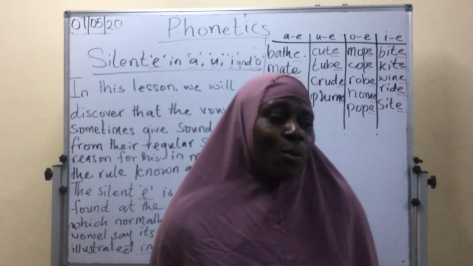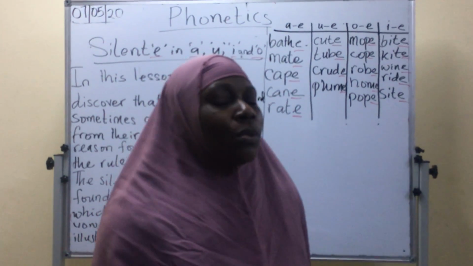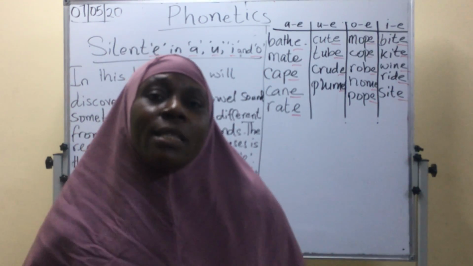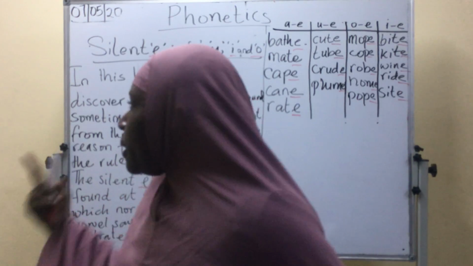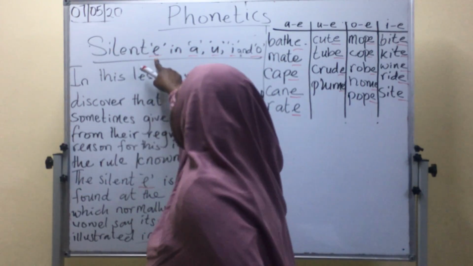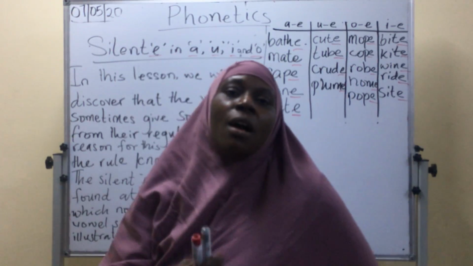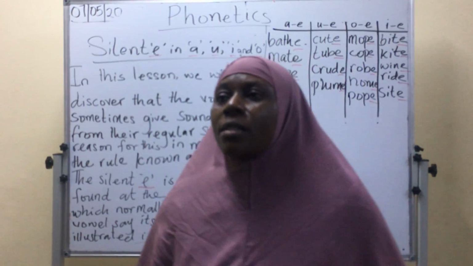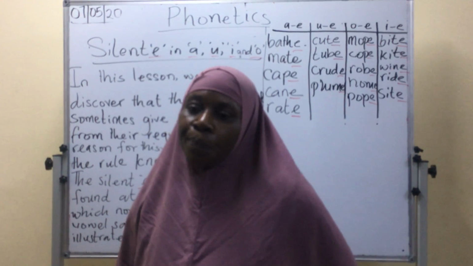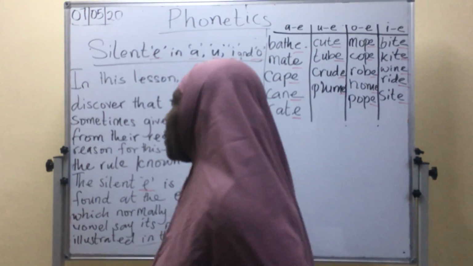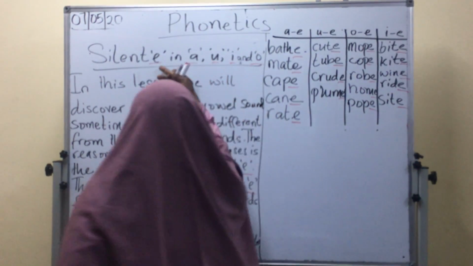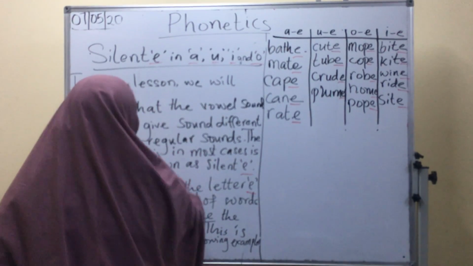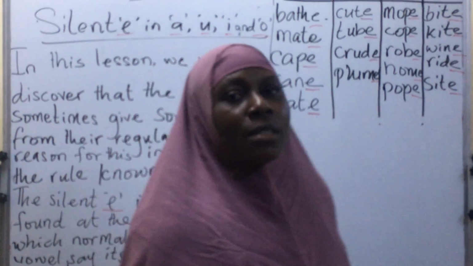You would have heard someone say, "I want absolute silence," that means no noise. So when we say silent E, it means that this E will not have a sound in the word. And because it's not going to have a sound in the word, it's going to affect the way the vowel before it sounds.